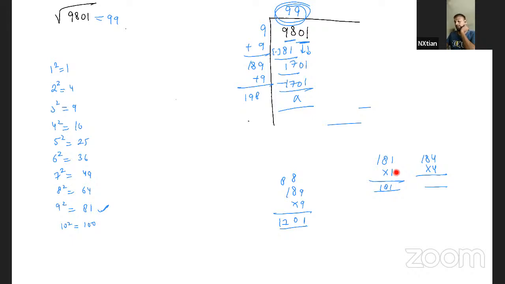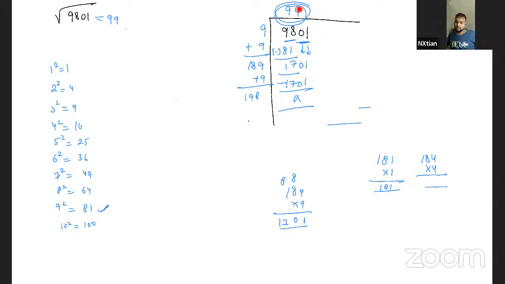If he chose 4, it would become 184 multiplied by 4. Whatever number he chooses from 0 to 9, it comes at the ones place and you multiply by the same number. Then he chose 9, so it became 189 multiplied by 9. You can choose any number from 0 to 9.